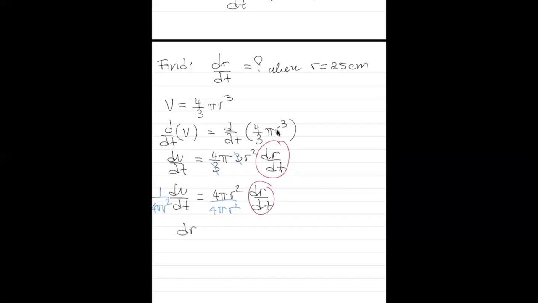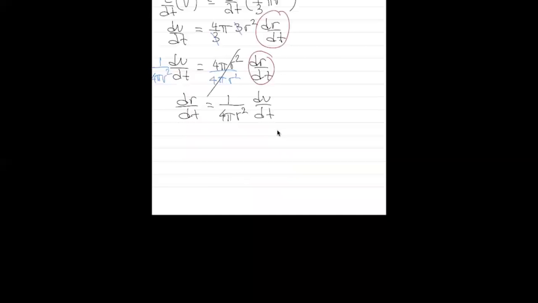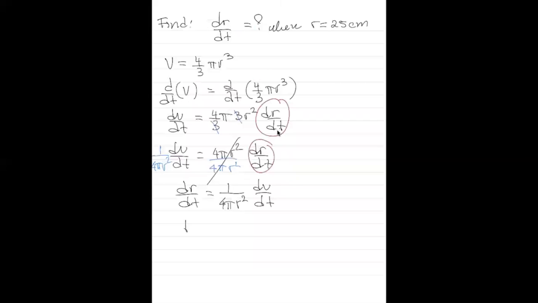It's by itself after this cancels here. And we have 1 over 4 pi r squared times dV/dt. Keep in mind that dV/dt is given. Also, pi is a constant and r is given as well. So now we're ready to substitute. dr/dt is what we have to find out at a particular moment when r is 25.